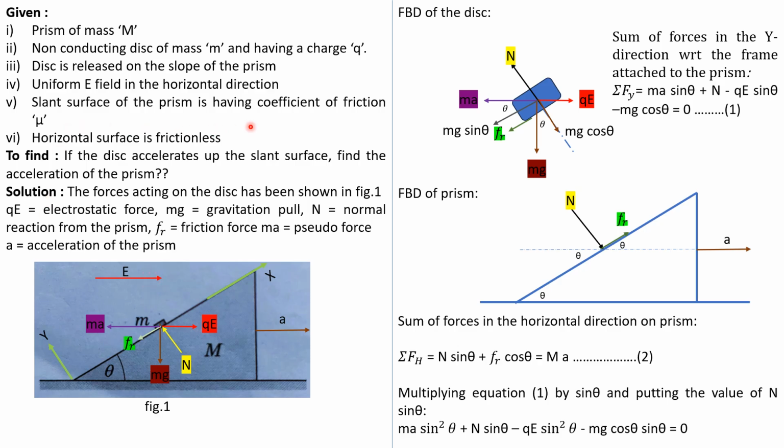Slant surface of the prism is having coefficient of friction mu. So this surface is having coefficient of friction mu. Horizontal surface is frictionless. This surface is frictionless. We have taken perpendicular to the slant face as axis y and parallel to the slant face as axis x.